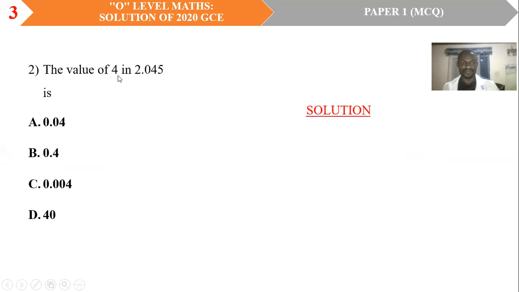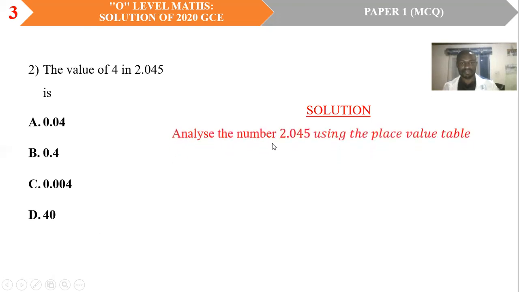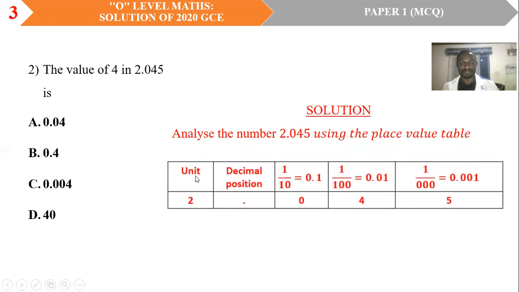The value of 4 in 2.045 is. Solution. Analyze the number 2.045 using the place value table. In the place value table, this 2 represents the unit. This point represents the decimal position.